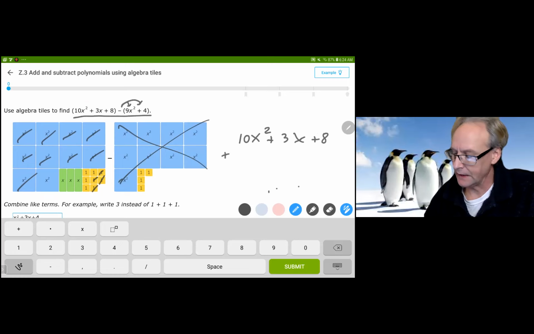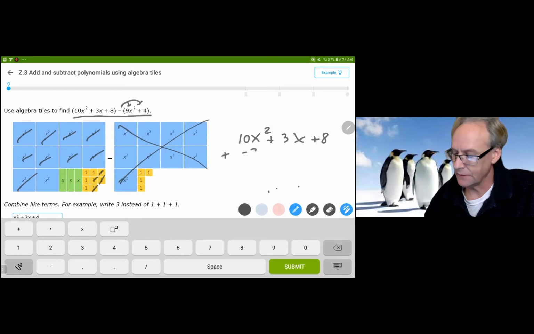So I'm really adding a negative 9x squared and a negative 4. I prefer thinking of it as adding a negative rather than subtracting. With physical things, we have to, of course, subtract. But anyway, that's going to be x squared plus 3x plus 4, which is, of course, the same thing. So there you have it.